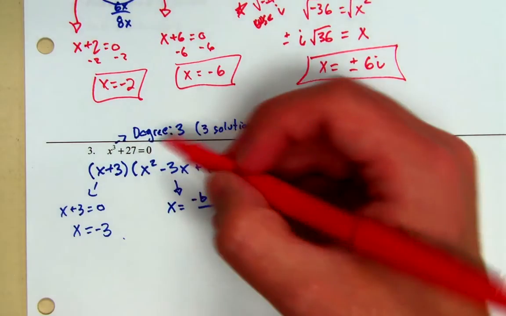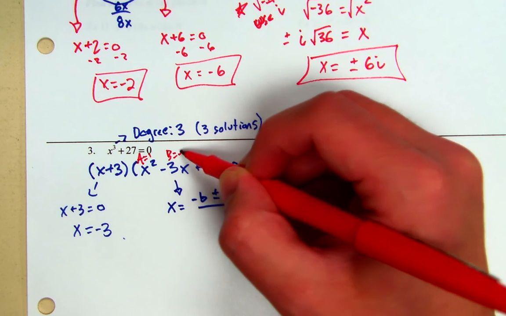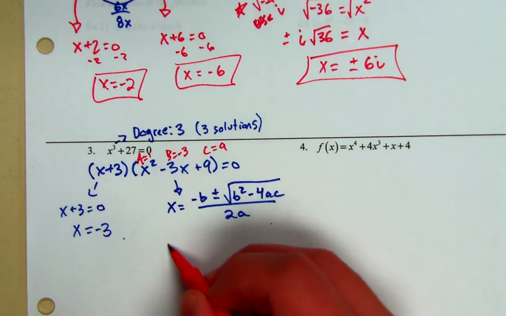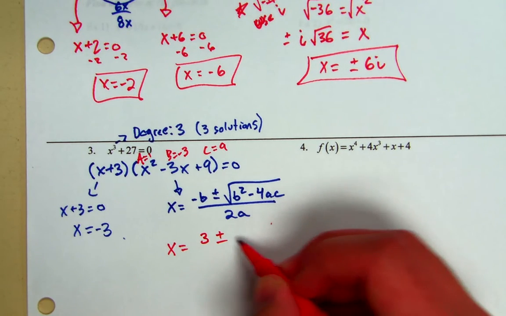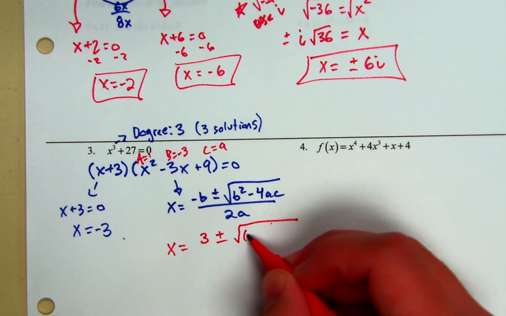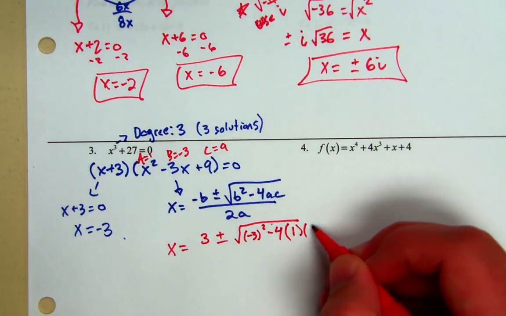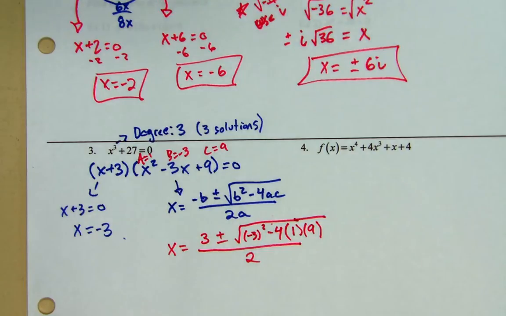So here we've got a, which is 1. We've got b equal to negative 3, and c equals 9. So x equals the opposite of b, so 3, plus or minus the square root of negative 3 squared minus 4 times 1 times 9, all over 2 times 1, which is just 2.